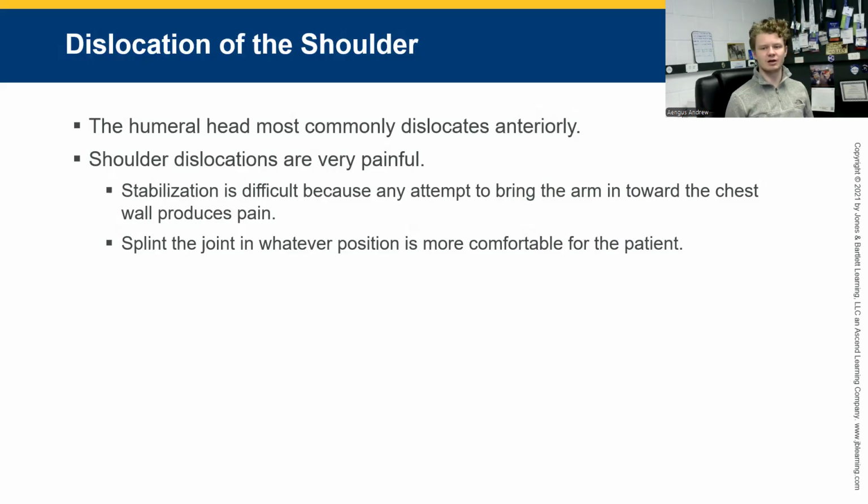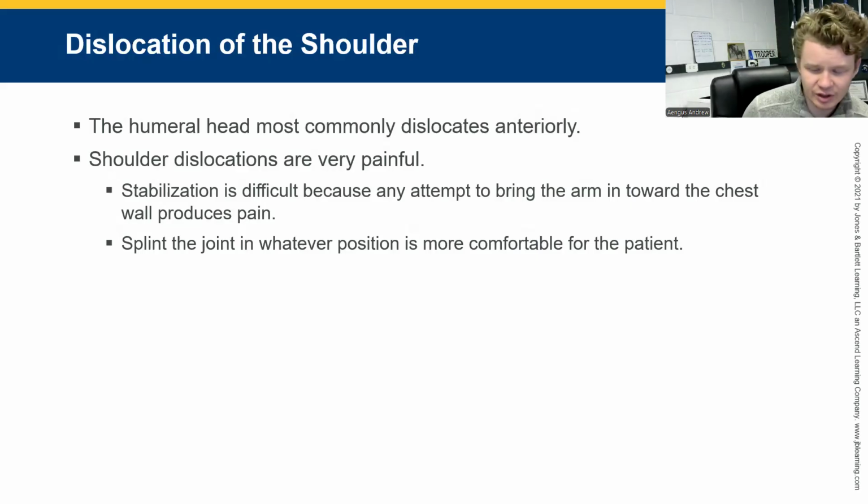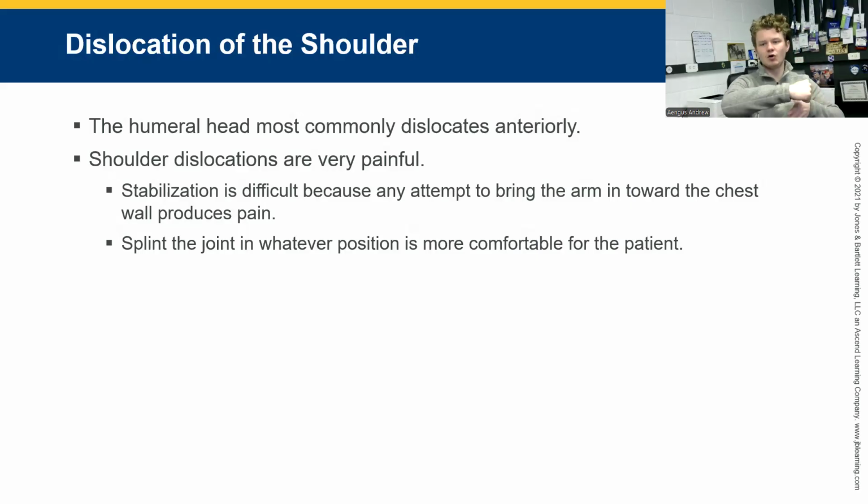That might be letting their arm just hang low on their side, and we try and stabilize it in that area. Or what one of our fantastic lab instructors had mentioned, Alana, was what these patients will eventually often end up getting is a sling that has a big foam block that helps separate the arm from the chest, and that can be a little bit more comfortable of a position.